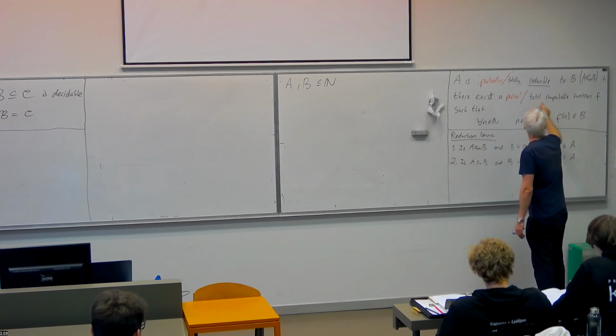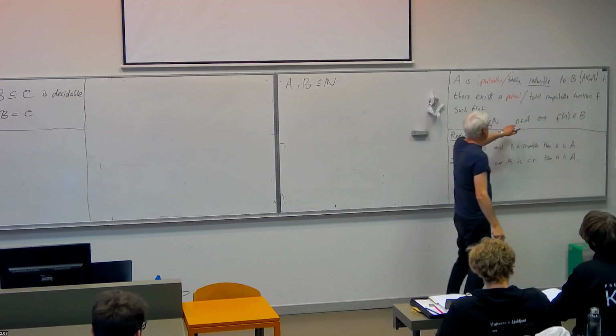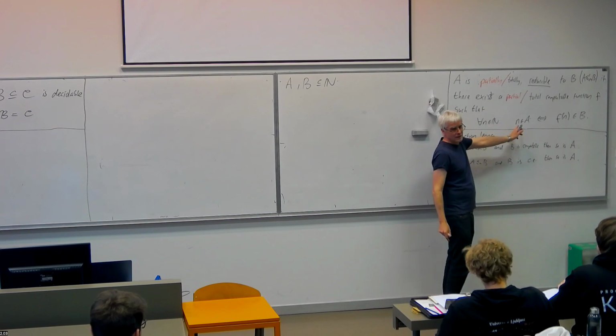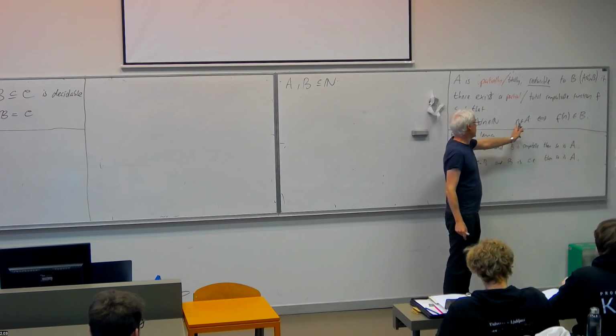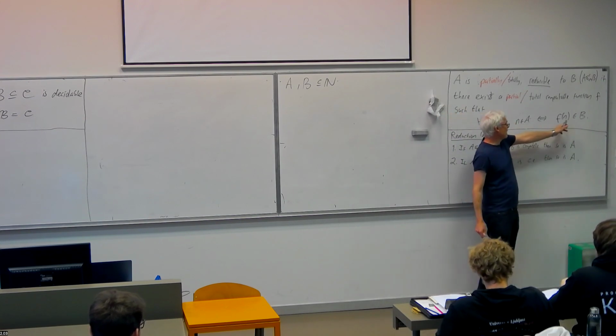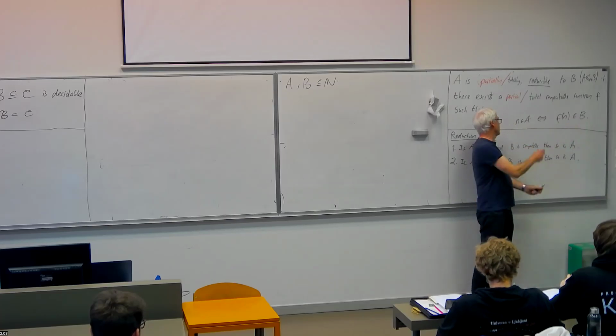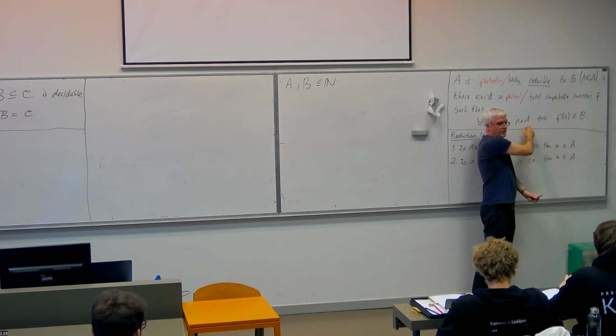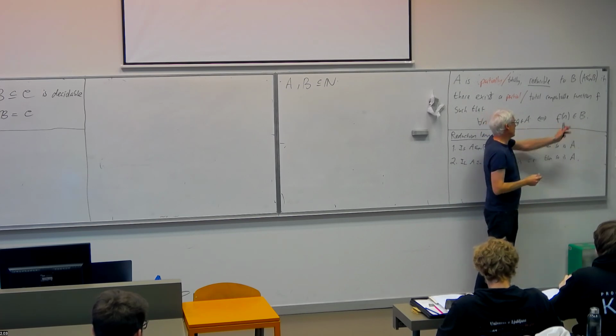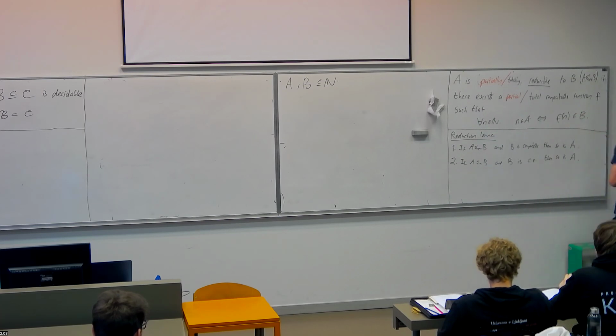Okay, and the rest is the same. But notice in the partial case that for n belonging to A, we need f of n to belong to B. So that means that the set A needs to be contained in the domain of definition of the partial function, because f of n needs to be defined on that.